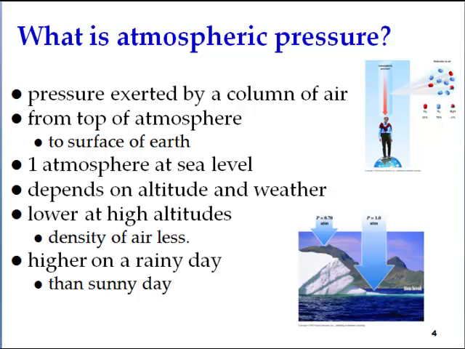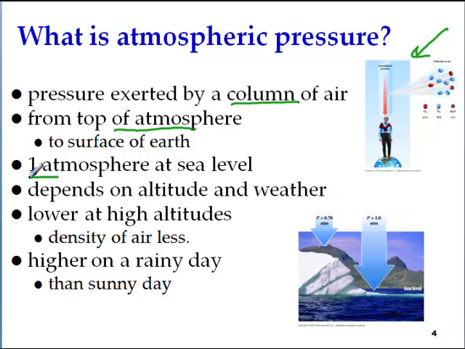You can see in this image a person standing on the surface of the earth, and all the gas particles are exerting pressure on the person's head. This pressure is exerted by the column of air that would be considered right on top of the person. These are the gas particles in the atmosphere creating a pressure.